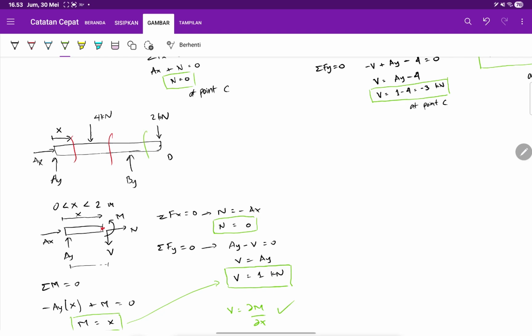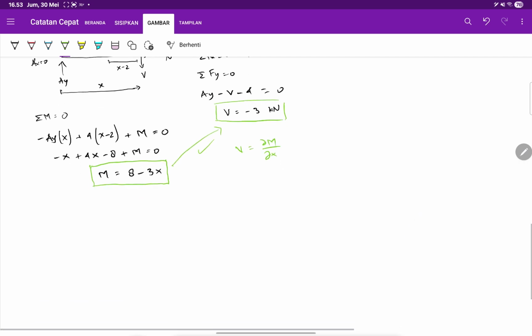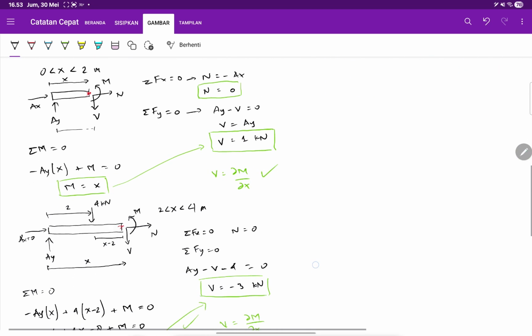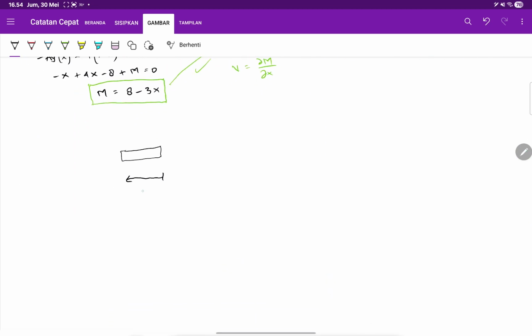I can take the left part, but there will be a lot of loading to be considered if I take the left part. So let's take the right part here. If I measure from the left, I call it x, and if I measure from the right, the total is 6 meters, so it becomes 6 meters minus x.